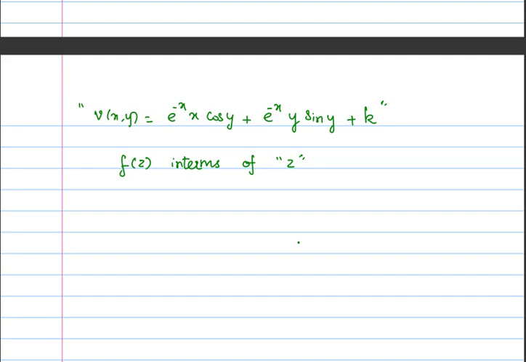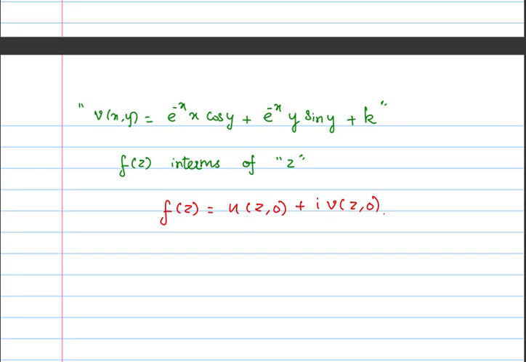So we can use this formula, it is very simple. The formula is f of z equals u of z, 0 plus i times v of z, 0. If you apply it, you will get the answer.